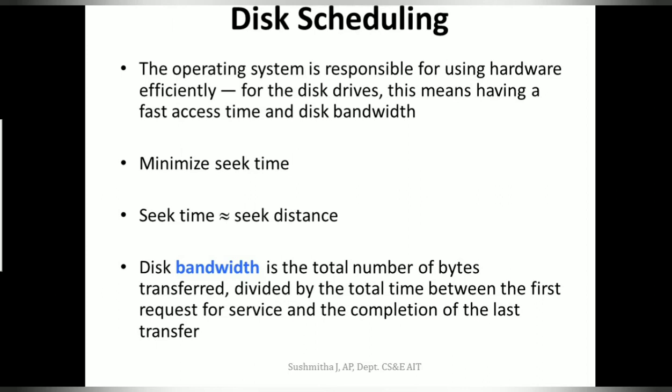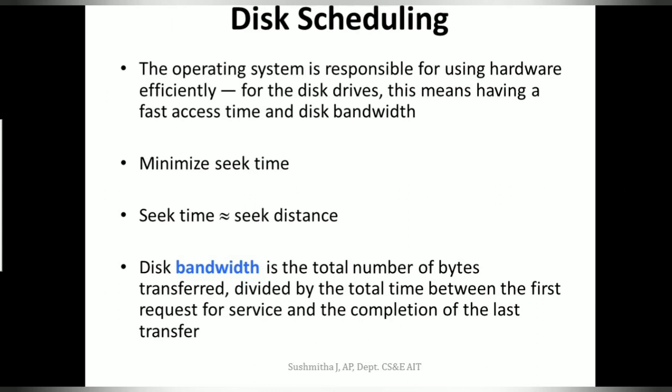The slower it gives me my data, I say the performance is bad. So how do I improve that performance? If it is slow, how do I make it fast? What are the algorithms available for scheduling the disk access is what we will be addressing.